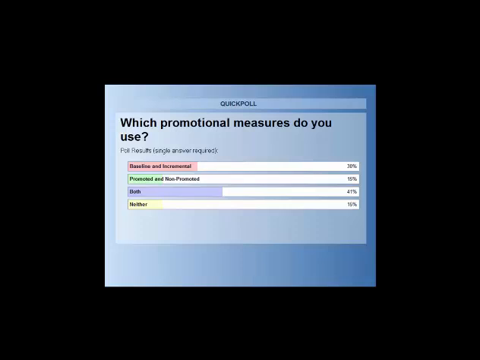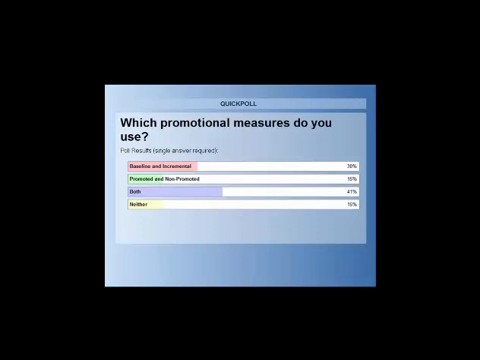Although judging by the results here, it looks like we have lots of access to baseline and incremental data and using both of them, which is great because if you're using both, you understand the impact and the potential insights that can come from both of those perspectives. Some neither, which again is not uncommon, but going back to what I said after my last poll, these are really intense topics in terms of providing some training on each of those measures.